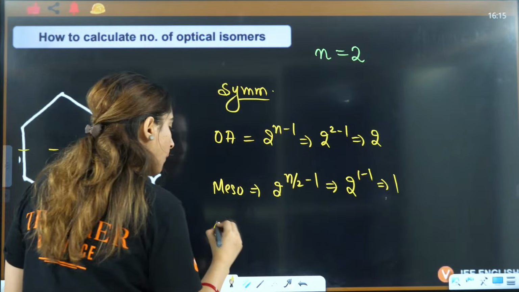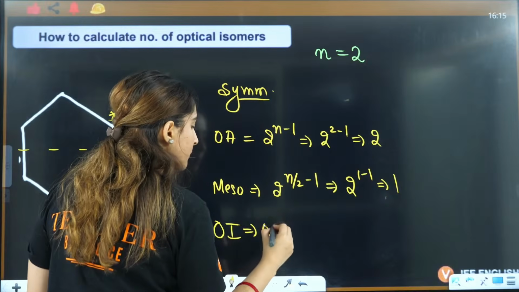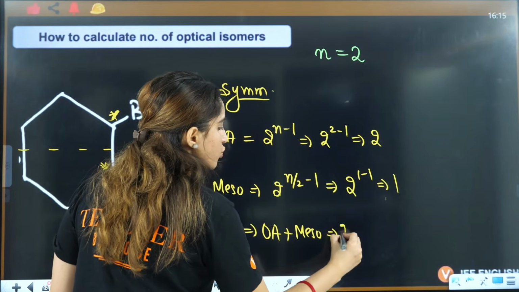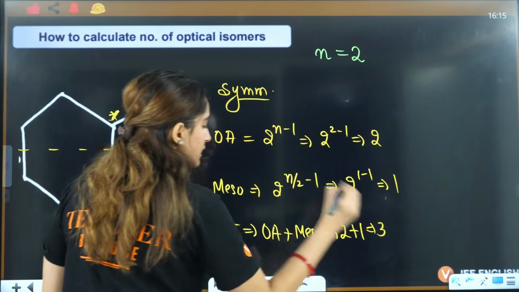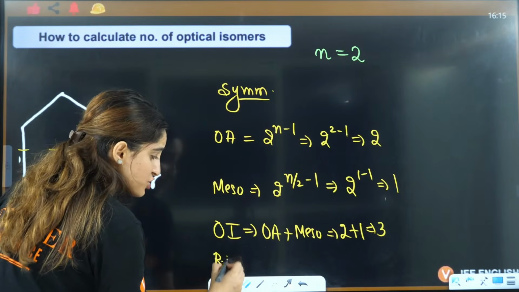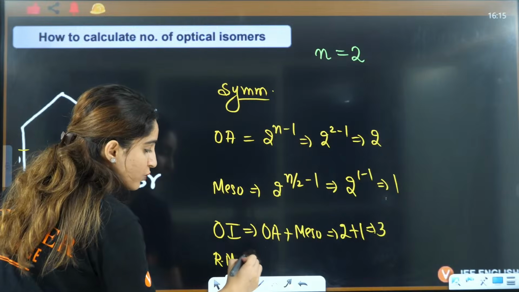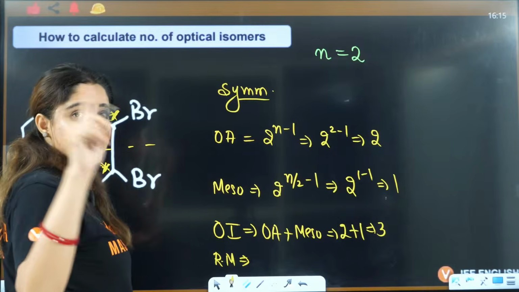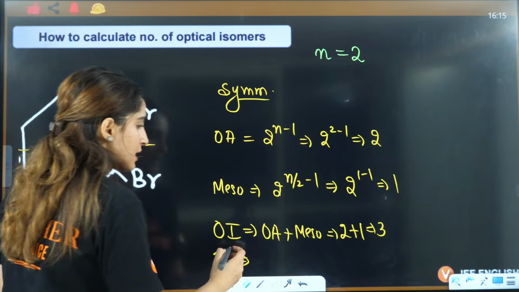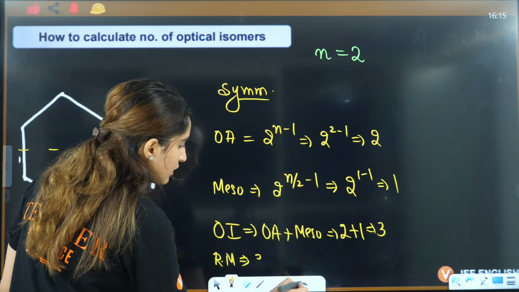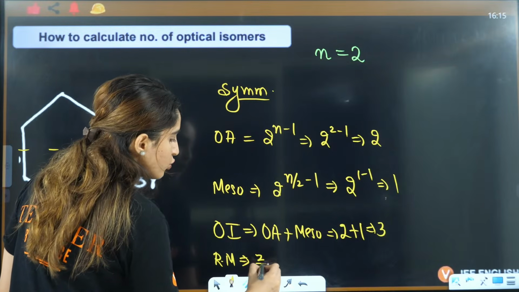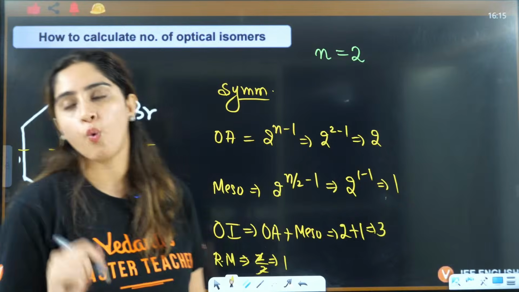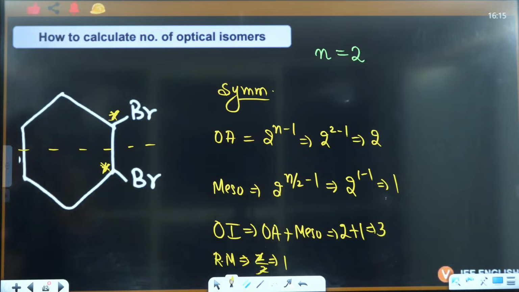So total optical isomers will be optically active plus meso, 2 plus 1, that is 3. Racemic mixture and enantiomers are same only, that we will discuss in haloalkanes, haloarenes. Racemic mixture is optically active 2 by 2, that is 1. So racemic mixture will be 1 here.